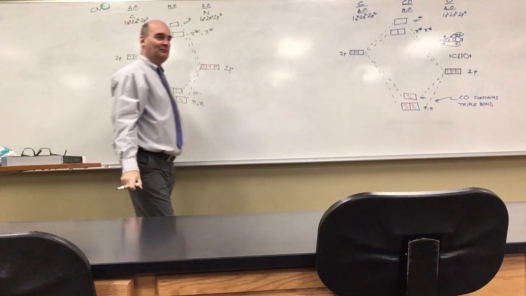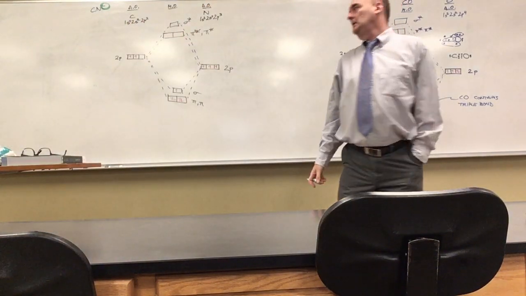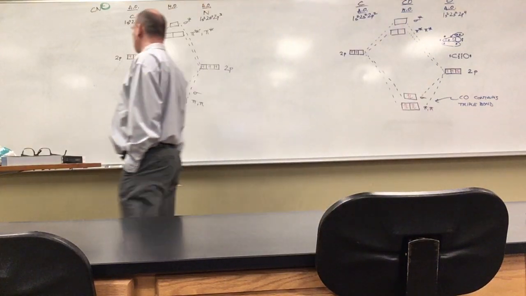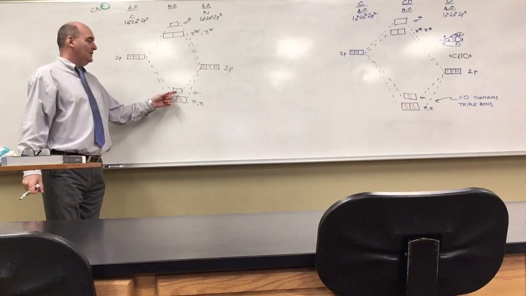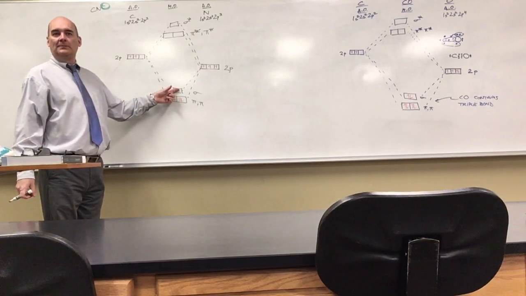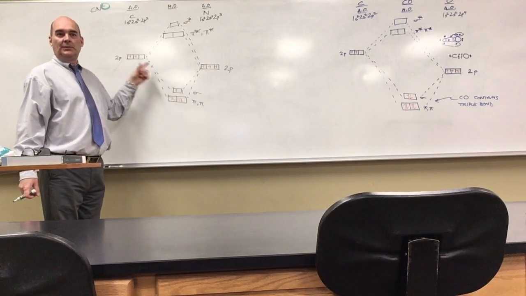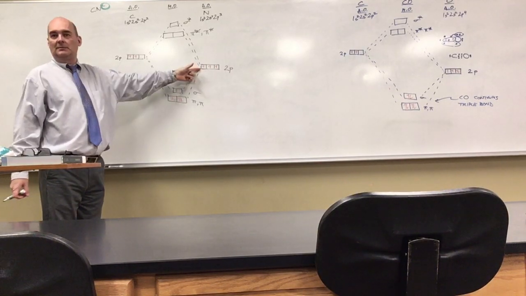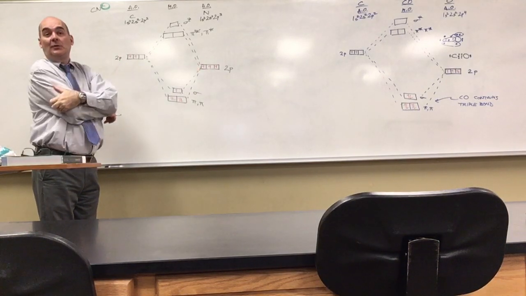What does the negative charge represent? An extra electron. Where in my diagram do you think I should start to put it? I think I know that it's going to end up here. But should I put it there or should I put it here? You could make a case either way.